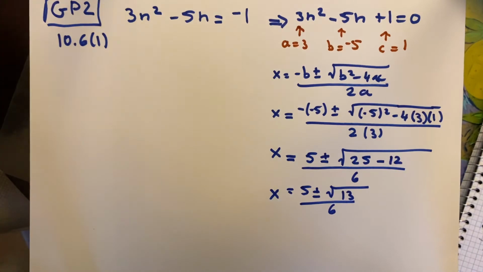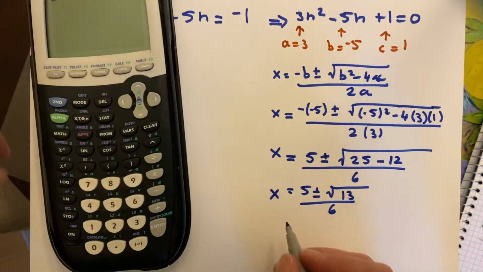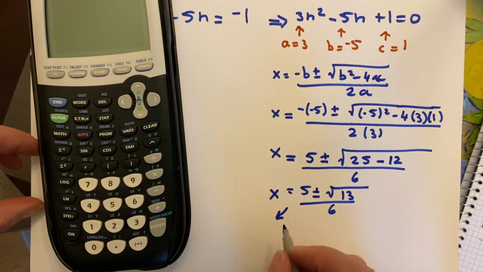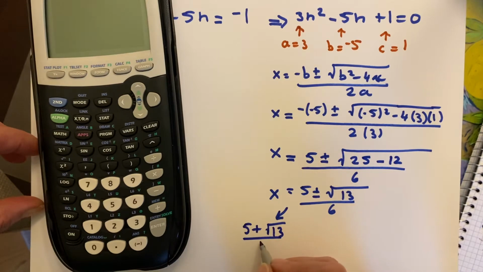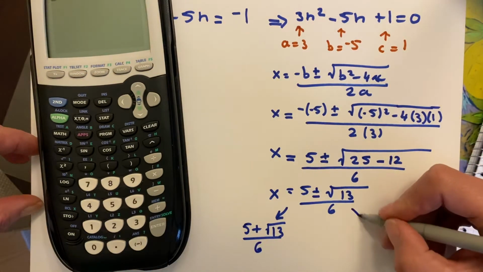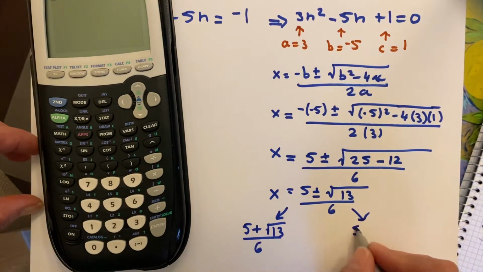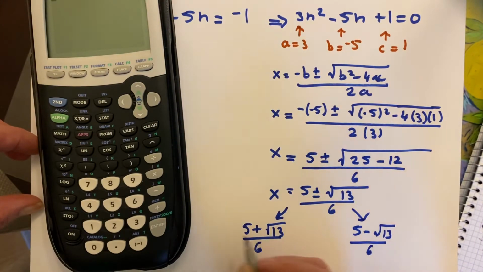Well, let's try and see what happens because I'm now going to have 5 plus the square root of 13 over 6 and 5 minus the square root of 13 over 6.